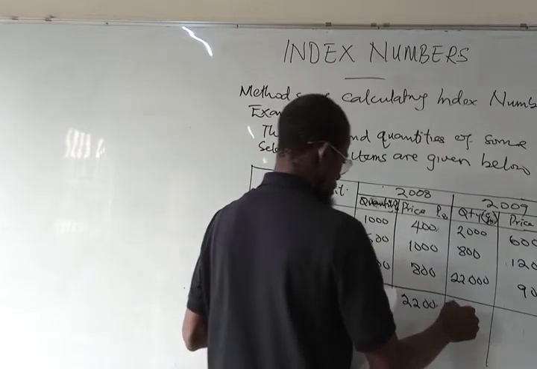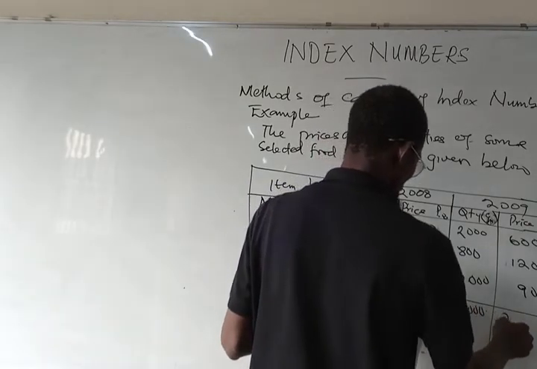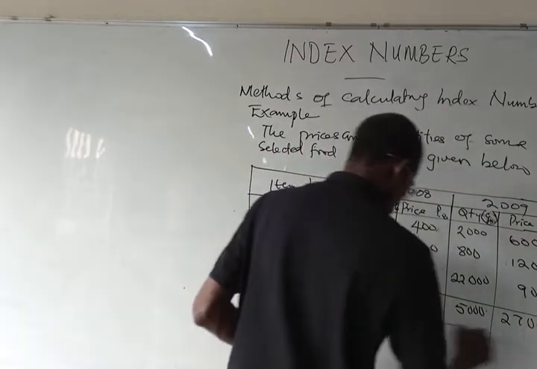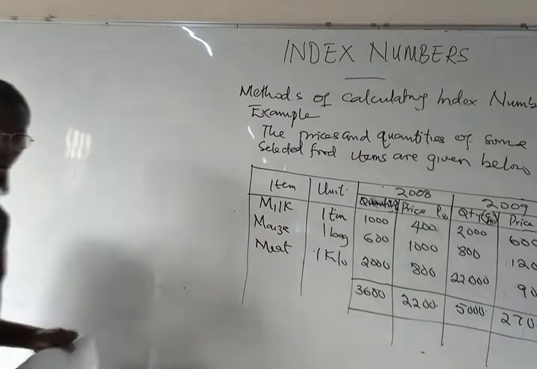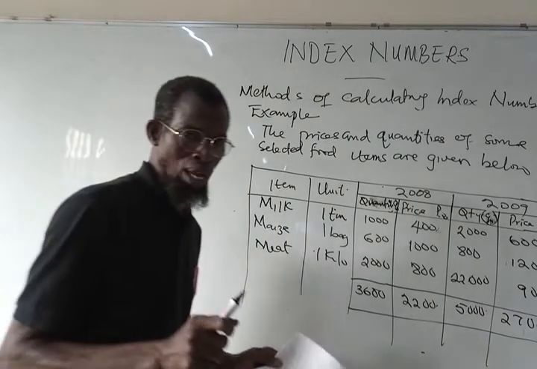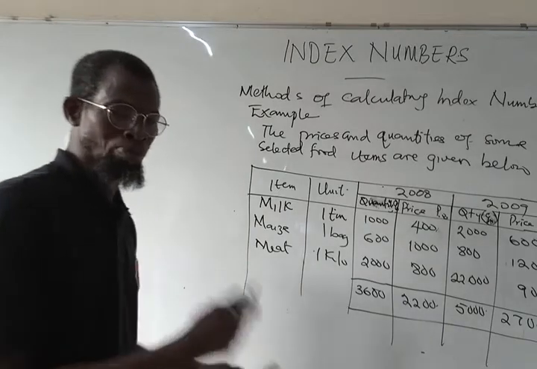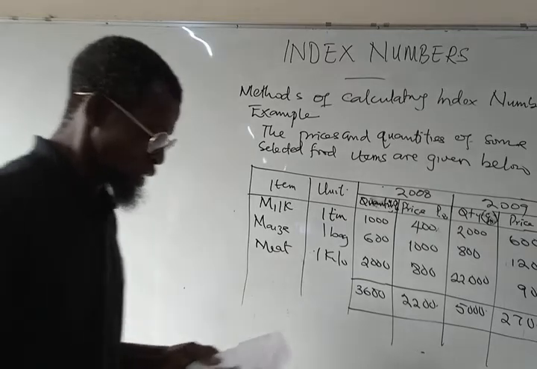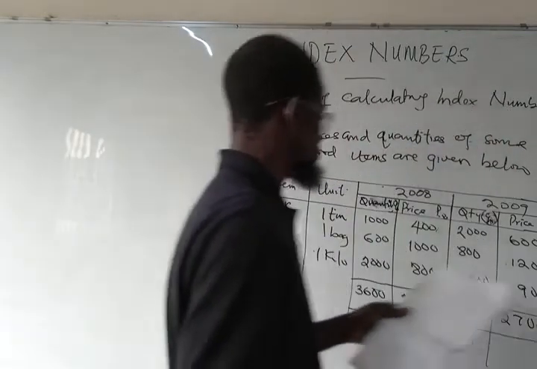Then here we have 5,000, and here we have 2,700. So this is just what we need to carry out our calculation. I hope it's very, very easy to do simple mathematics, your arithmetic calculation. So the first thing we want to do is find.